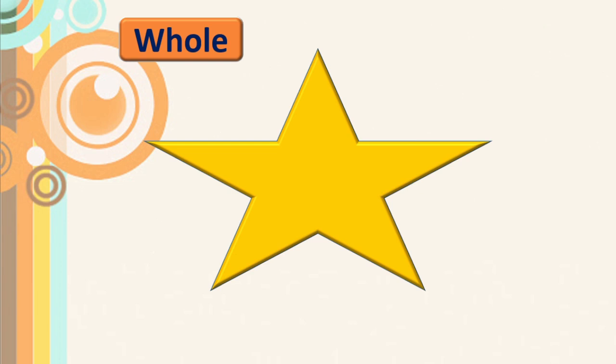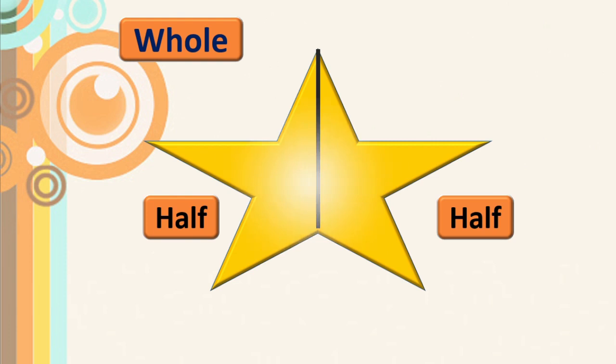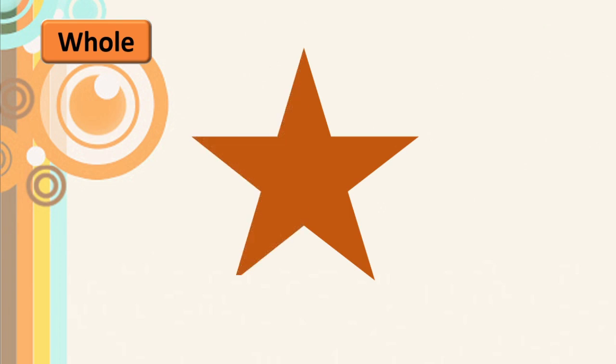Here we can draw the line like this. Now this portion became half of this star and this side is half of this star. Got this? Okay, we will cut this star exactly into half.